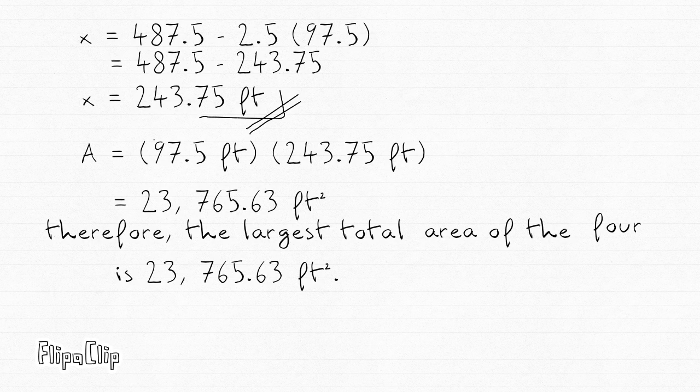To put it to our problem, we have 97.5 feet multiplied by 243.75 feet, which results in 23,765.63 square feet. The largest total area of the 4 pens is 23,765.63 square feet.